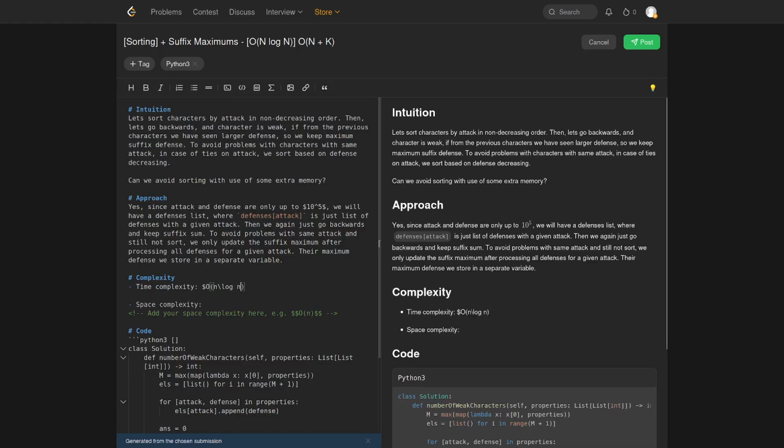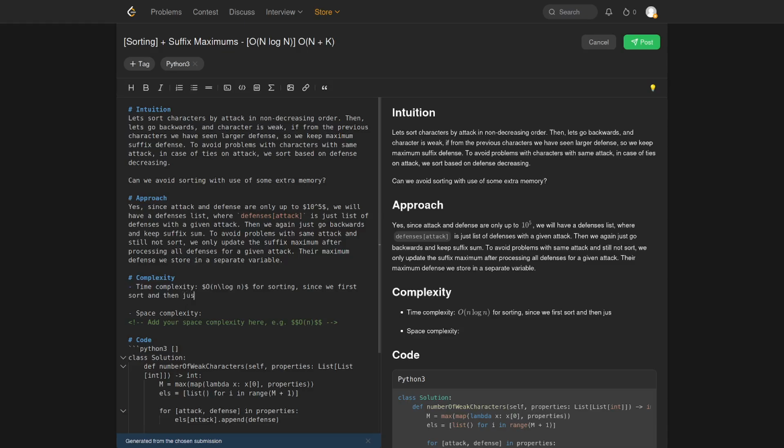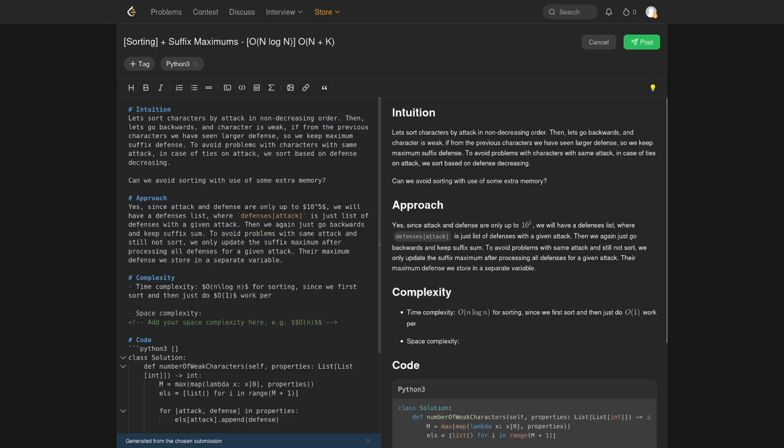And O(n log n) for sorting, since we first sort and then just do O(1) work per character for all characters.